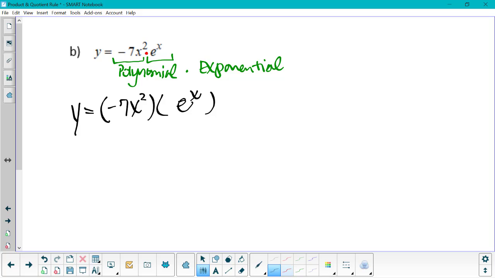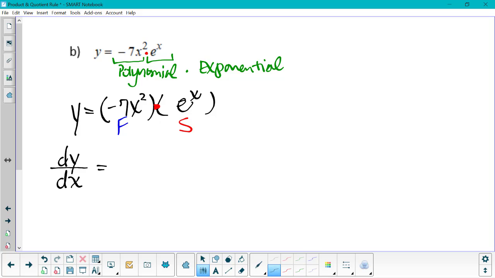Okay, so we're using the product rule. And then I'm going to call this my first function and this my second function. If you want to use f and g, that is totally fine. So my derivative, so it'd be the derivative of y with respect to x.